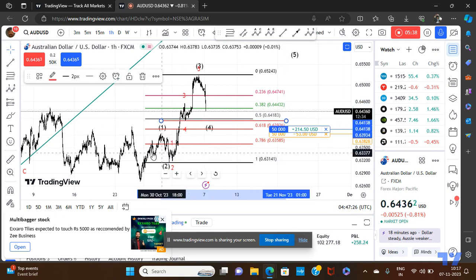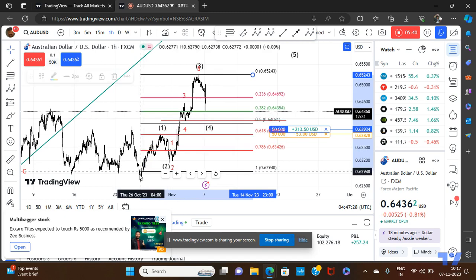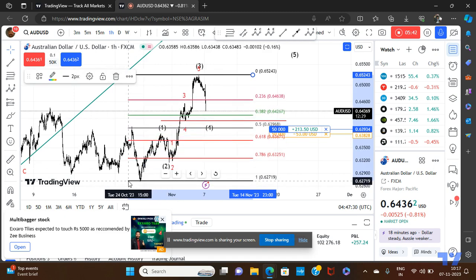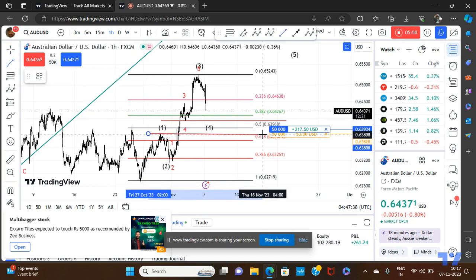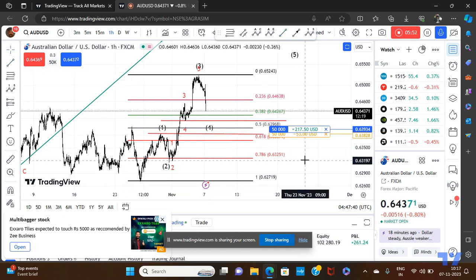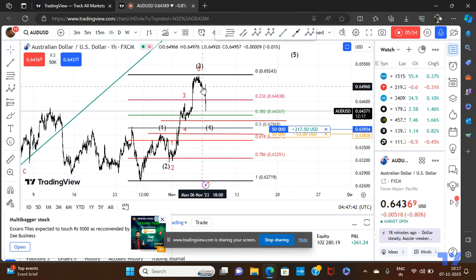What will be my stop loss? My stop loss would be this much. This is my stop loss. The reason is the fourth wave cannot come within the price action of the first wave. So this will become my stop loss.